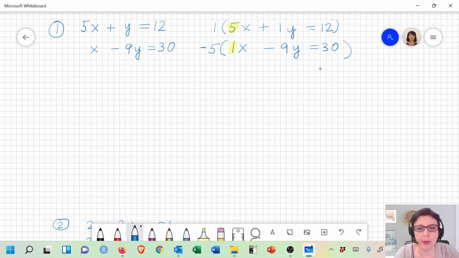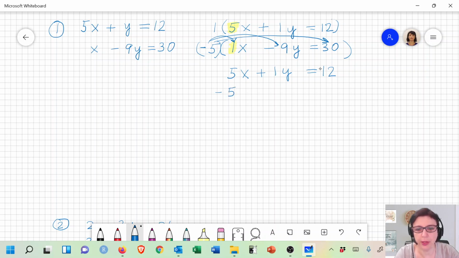When I multiply the first one by 1, that's not going to change. That's going to be the same. So I'll just rewrite it. Now I have to multiply the second one by -5. So how do I do that? Well, you have to multiply -5 by every term, not just the first one. So what is -5 times 1? That's -5.